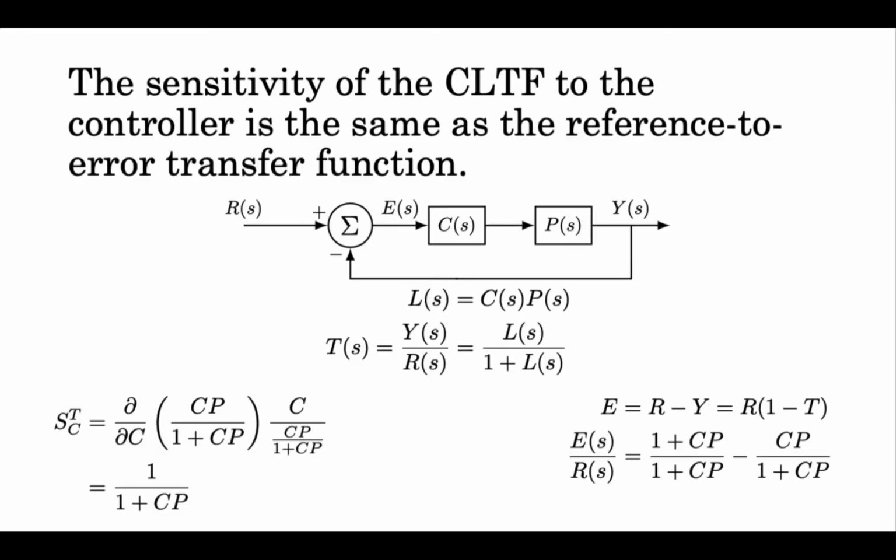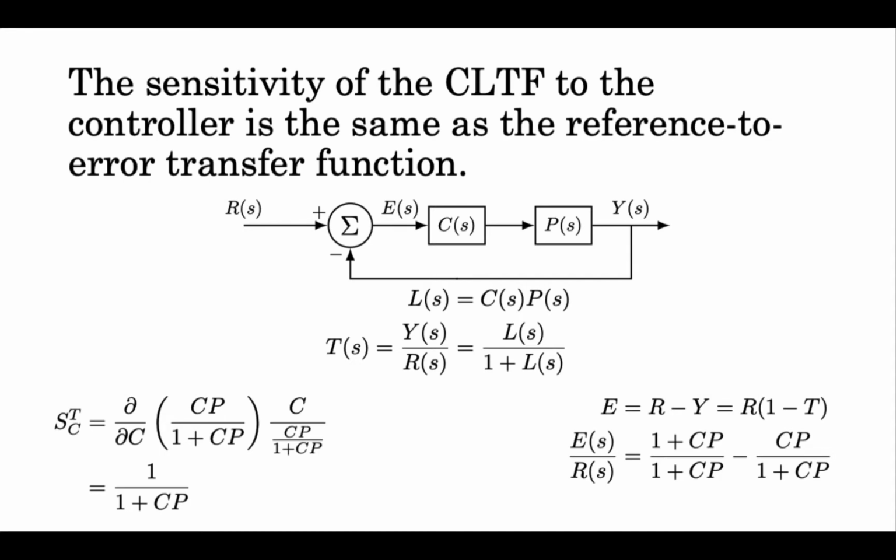So let's zoom out a little bit, but this still uses the same terminology. If we talk about a unity feedback system with a controller and a plant transfer function, then I don't have to talk about the sensitivity of a transfer function to a component, to a parameter.